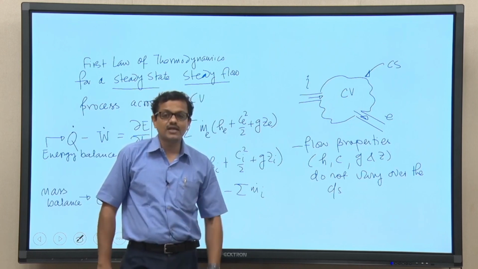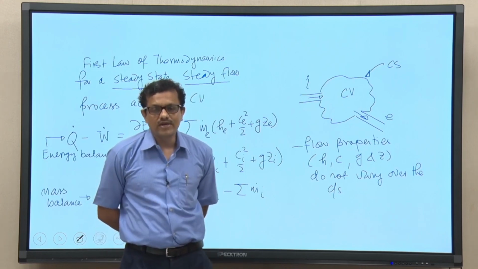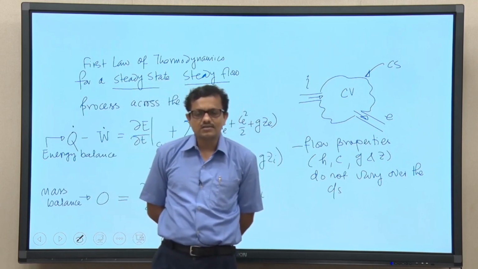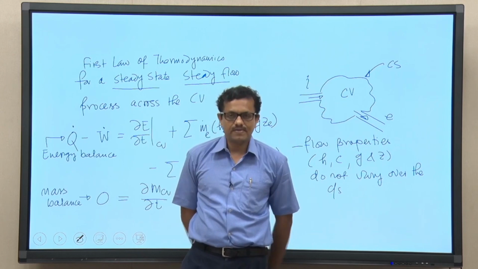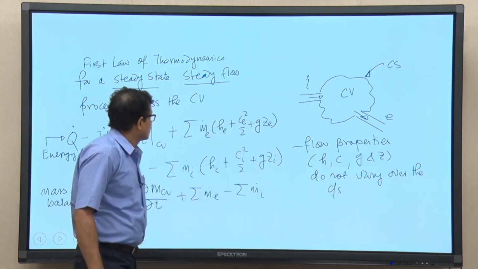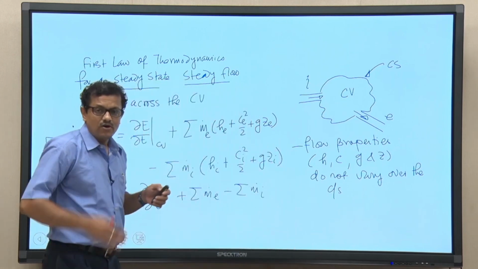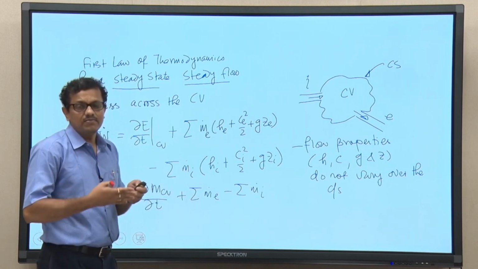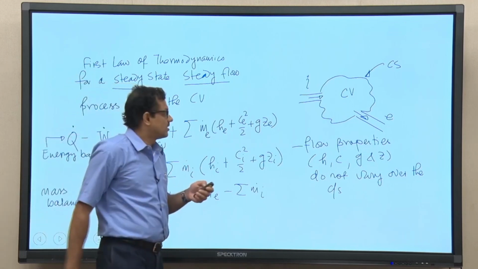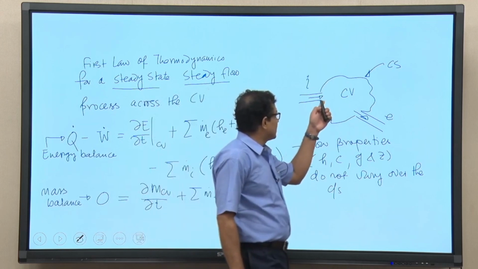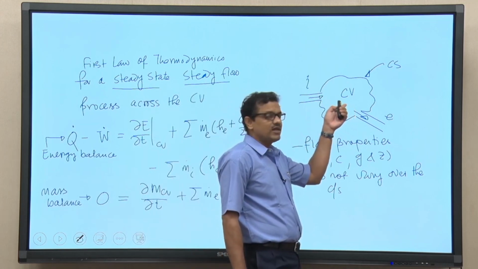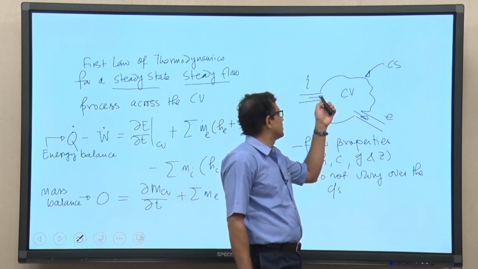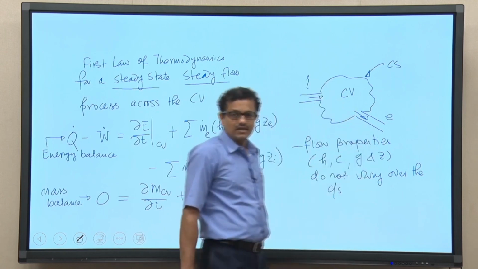So, what do you mean by steady flow? Steady flow is a flow in which the flow properties do not vary with time at any given location. Now we have considered the flow inside the control volume, and say this is inlet and this is outlet.